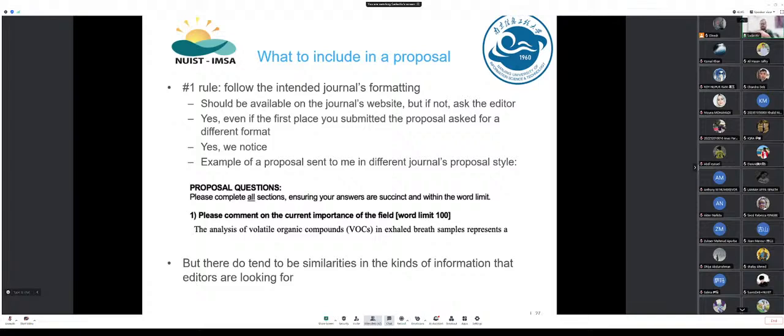If you write a big mail, they are not going to read it. So you should maintain a word limit. The mail should be small. You should usually just write the topic of your paper or your proposal.